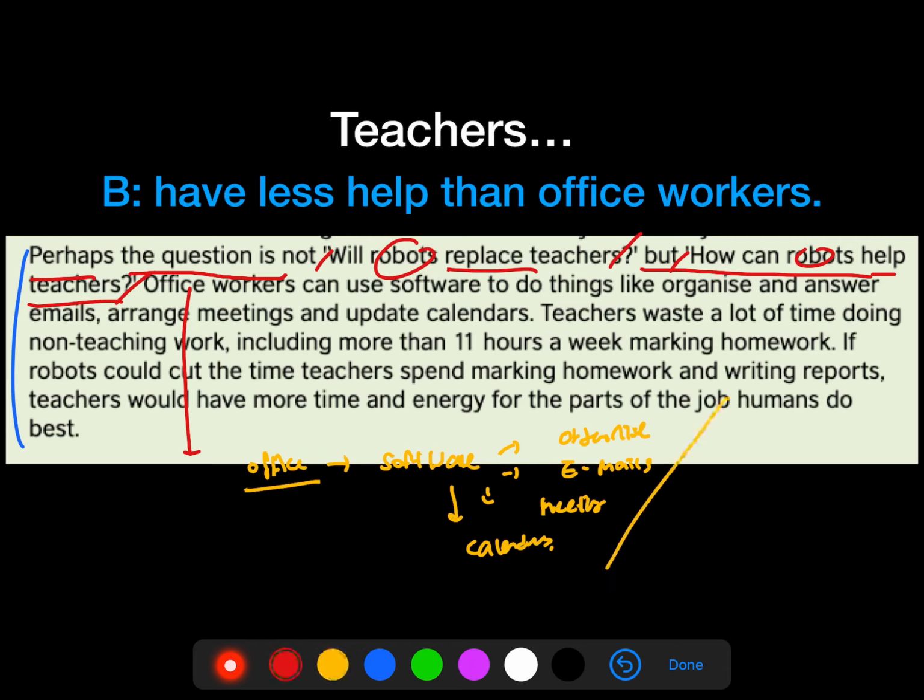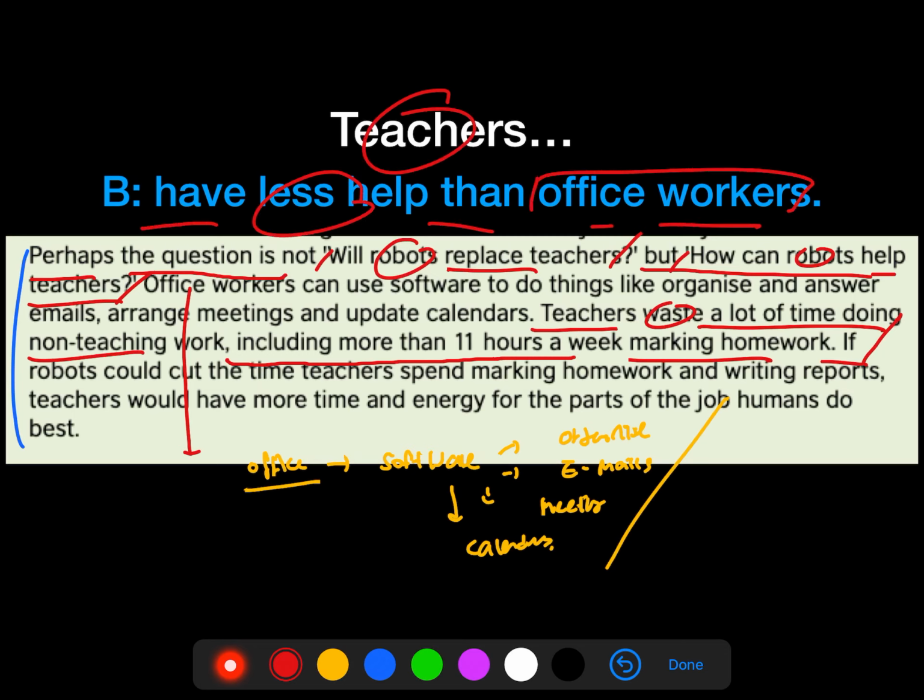But however, on the contrary, teachers waste a lot of time doing non-teaching work, including more than 11 hours a week marking homework. So from this sentence, we can find out that teachers have less help than office workers.